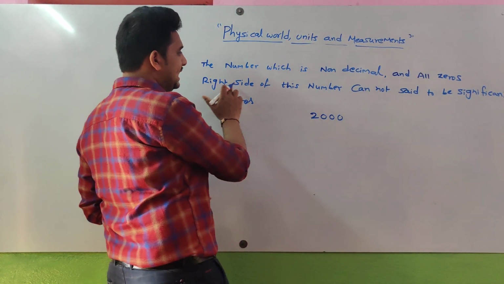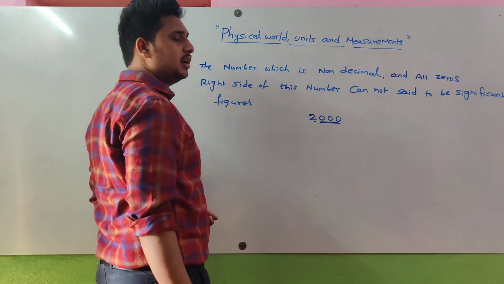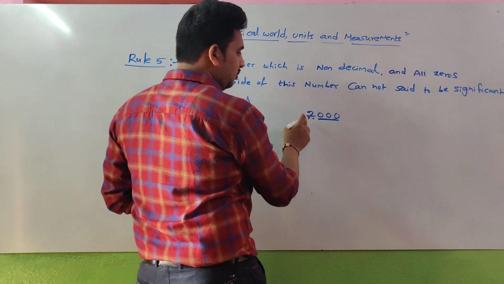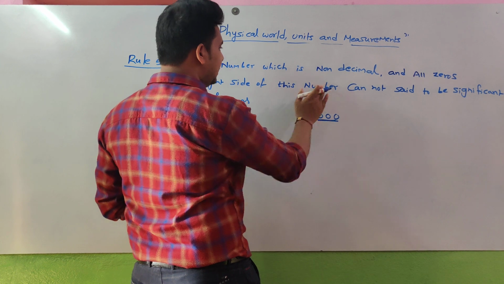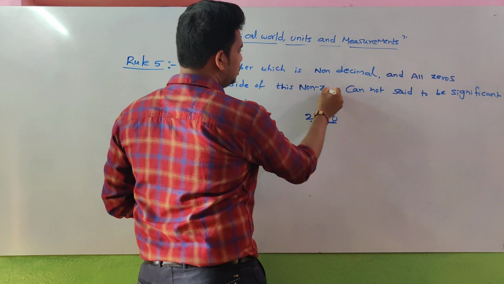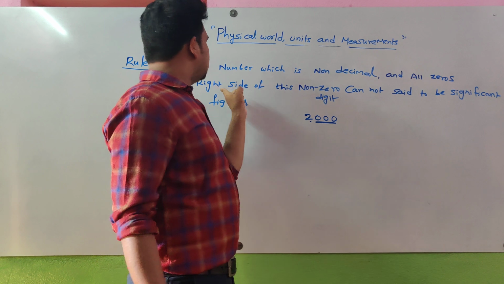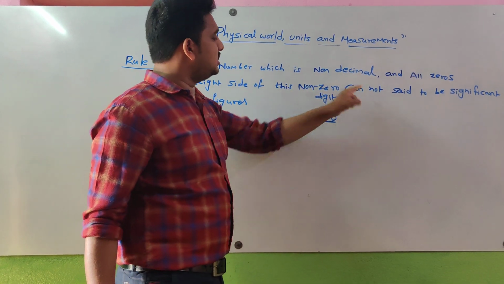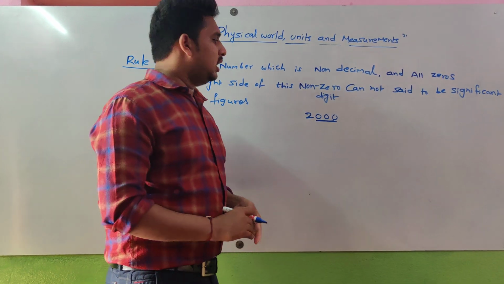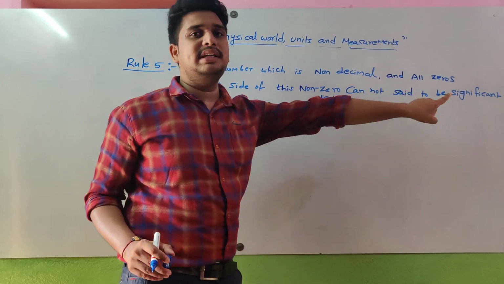All zeros right side of this number. Here 2 is a non-zero digit. All zeros right side of this non-zero digit, as well as this is not a decimal number, cannot be said to be significant figures.